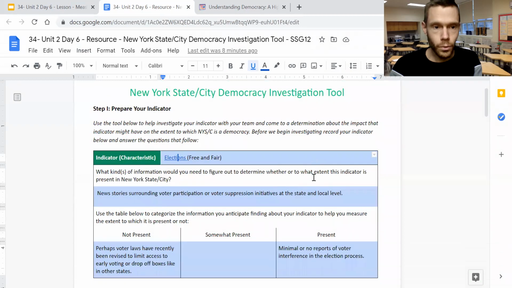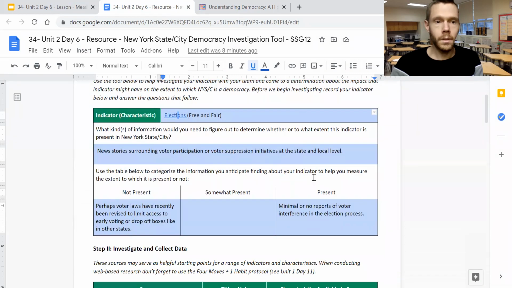Looking at the tool, the first question they ask us is what kinds of information would you need to figure out to determine whether or to what extent this indicator is present in New York City. So if we want to think about free and fair elections, we might want to look at news stories surrounding voter participation or voter suppression initiatives at the state and local level.